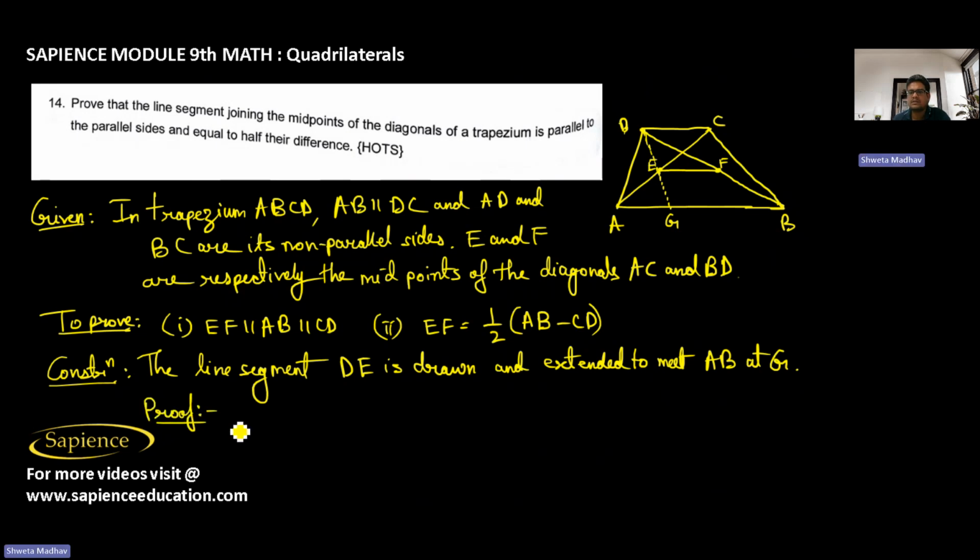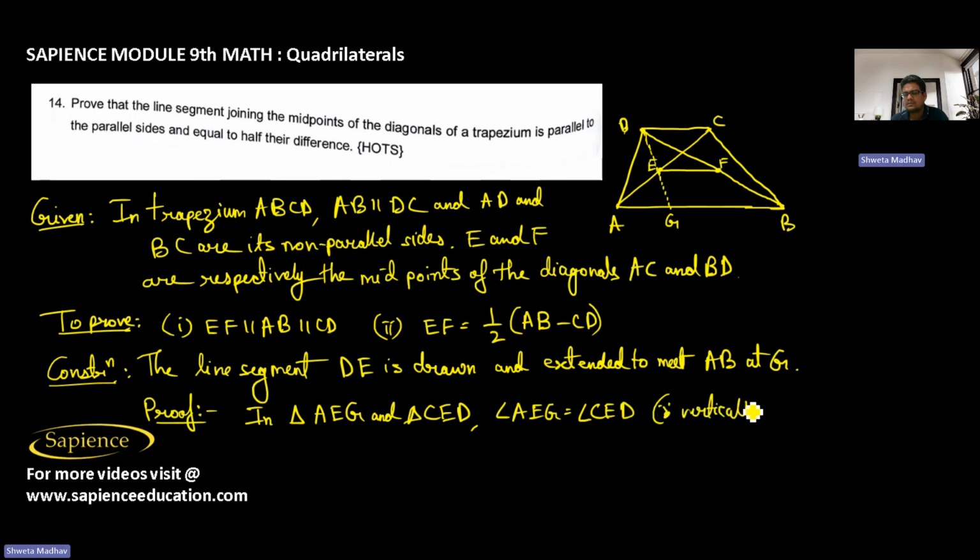So here we will say that in triangle AEG and triangle CED, we have angle AEG equal to angle CED, since vertically opposite angles are equal.